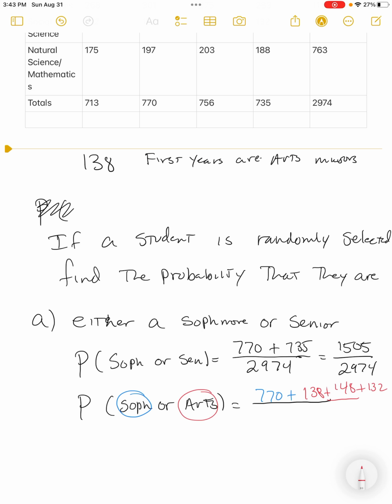There is a way to use that, but you'd have to subtract out the double counting of the sophomores, which is a fine way to go about it. And so here, remember, this is still over 2974. So what do I get? I get 1188 over 2974.